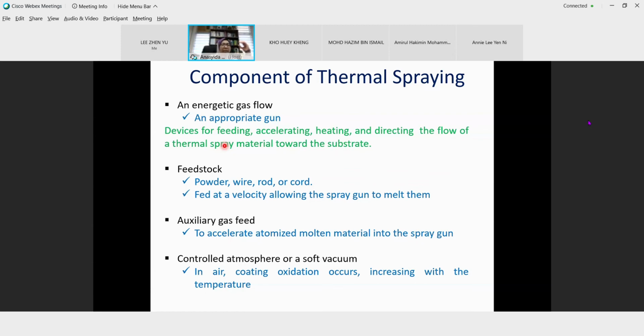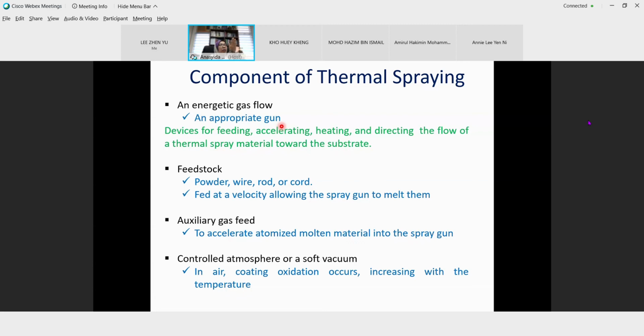You also have a feedstock that feeds either in terms of wire ataupun powder ataupun rod. All the coating materials that are fed will be accelerated by this heating. They must have a proper gun so that the heating process is directed towards the substrate nicely. Otherwise, you will only go to certain areas saja.